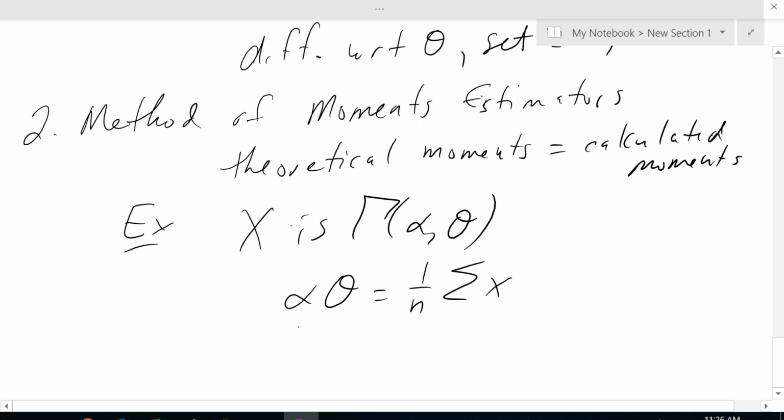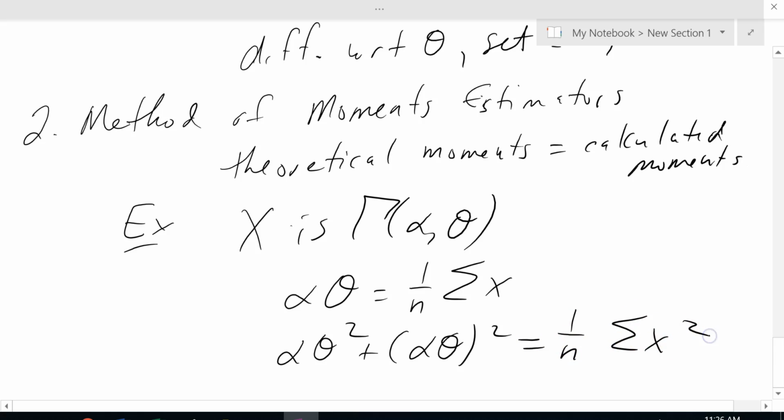But if you need to solve for both of them, then you would do alpha theta squared plus alpha theta quantity squared. Variance plus square of the mean gets you your theoretical second moment, and that would equal 1 over n sum of the x squareds. That's what I mean by doing theoretical moment equaling calculated moment.